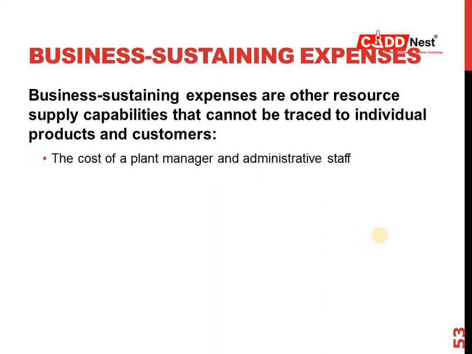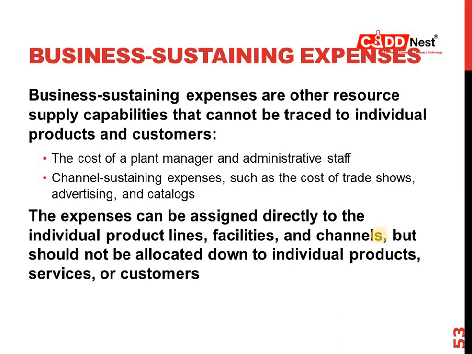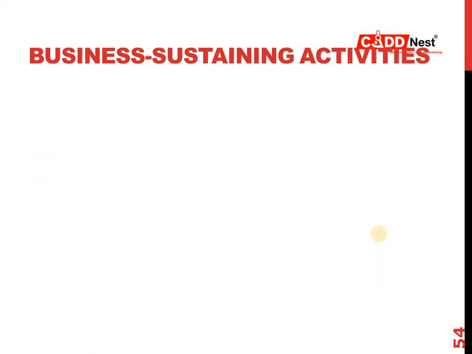Examples are given again: the cost of a plant manager and administrative staff, and then channel sustaining expenses such as the cost of trade shows, advertising and catalogs. These expenses can be assigned directly to the individual product lines, facilities and channels, but should not be allocated down to individual products, services or customers. This is what business sustaining expenses are.